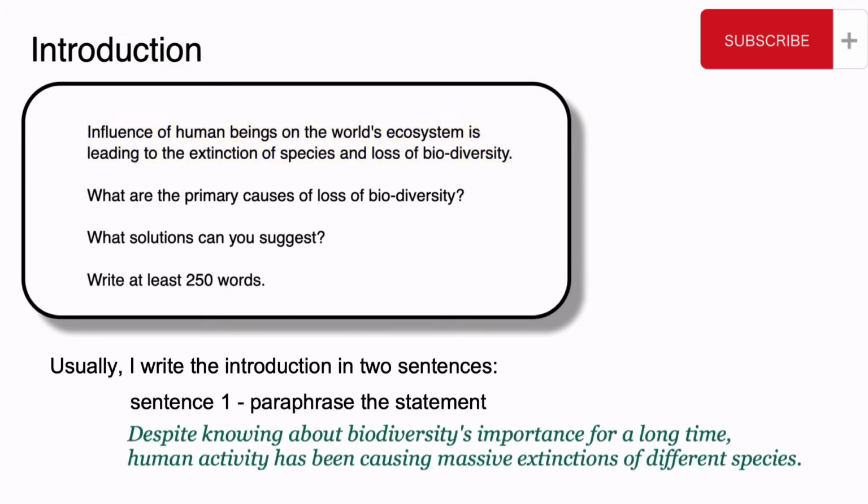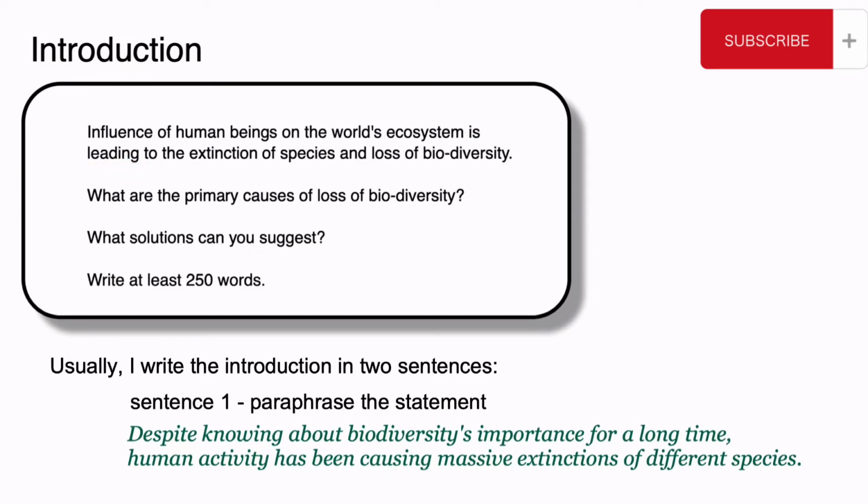Despite knowing about biodiversity's importance for a long time, human activity has been causing massive extinctions of different species. Look at how I used synonyms. Instead of saying, influence of human beings on the world's ecosystem, I used the phrase, human activity. And instead of the phrase, is leading to, I wrote, has been causing.